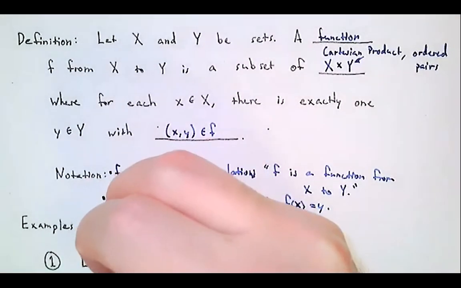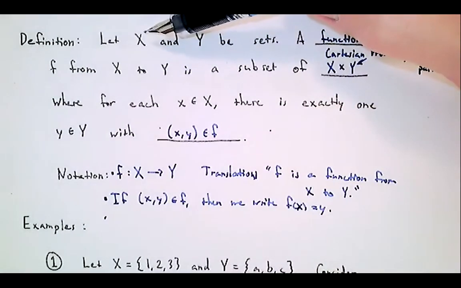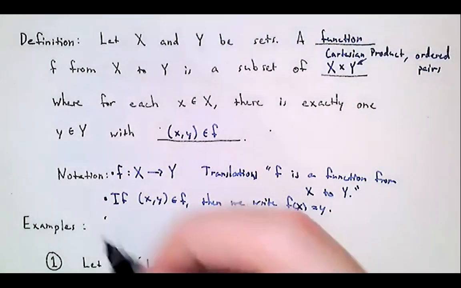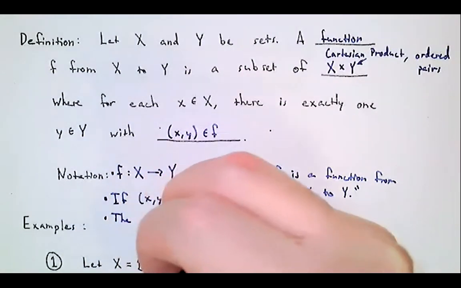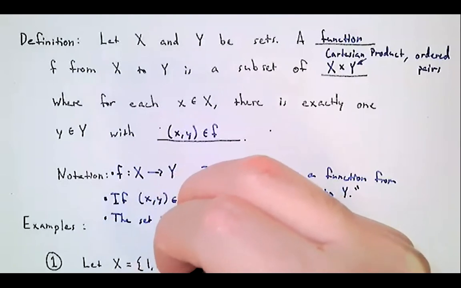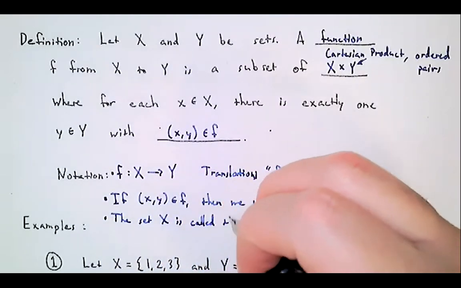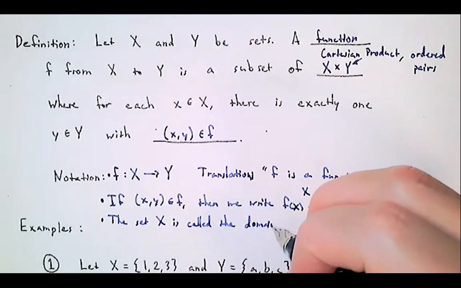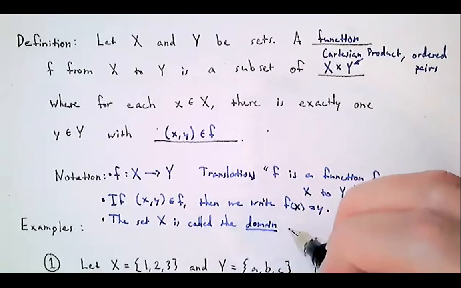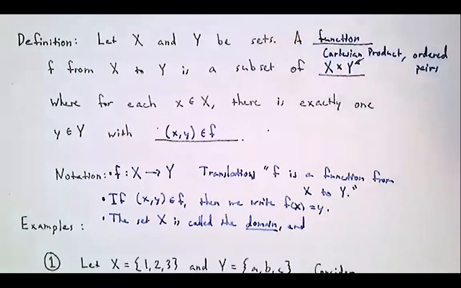And there's a few more things that I should point out. The set x is called the domain of the function. And the other set y is called the codomain.